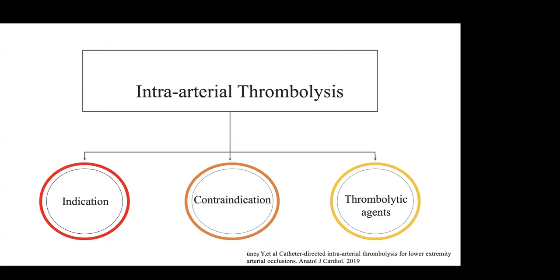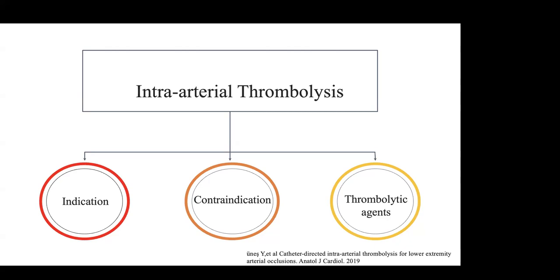In thrombolytic agents, these include tissue plasminogen activators, streptokinase and urokinase. Tissue plasminogen activator is derived from the vascular endothelium, and it is artificially produced as rtPA.